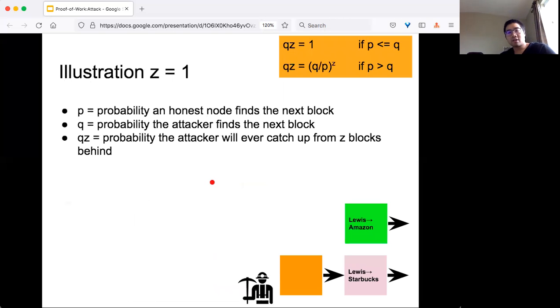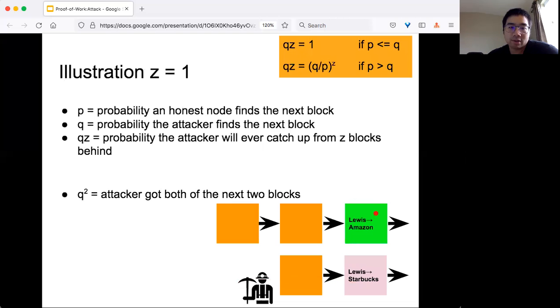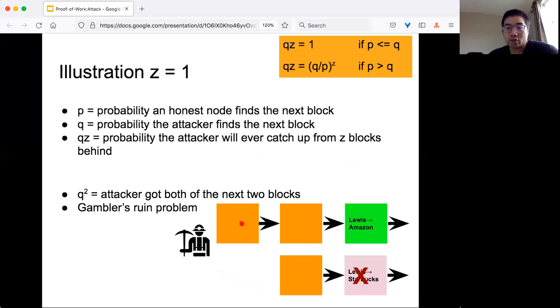Here is an illustration. Suppose Z equals 1. The chain you want to stay on is only 1 block longer than the bad chain that the attacker tries to work on. Then what's the probability that the attacker gets both of the next 2 blocks? It's Q to the power of 2, Q squared. In this case the miner will change to the top chain and the attack is successful.